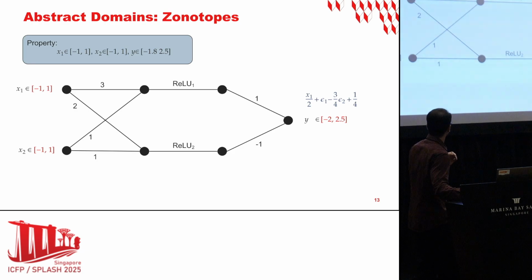So on the example, you get the result that the output is x1 over 2 plus epsilon 1. Epsilon 1 is the noise introduced to over-approximate the ReLU 1, minus 3/4, which is the same from the ReLU 2, plus a quarter. So now the output is between -2 and 2.5. It is closer, but still not enough.